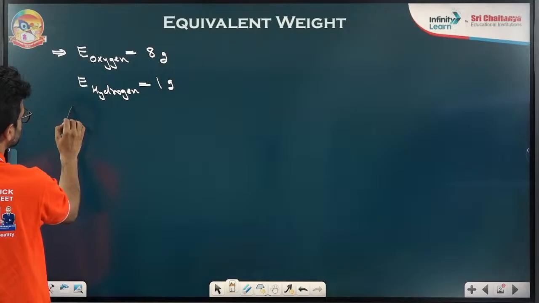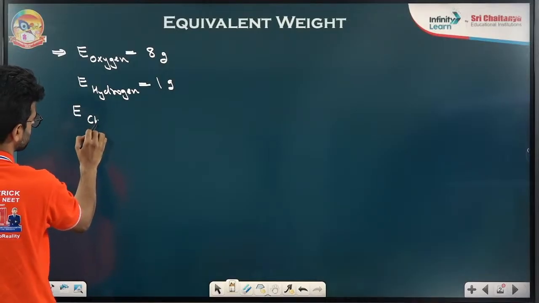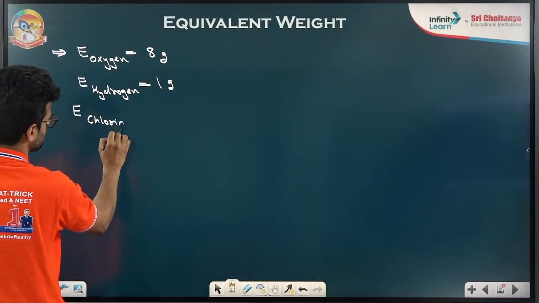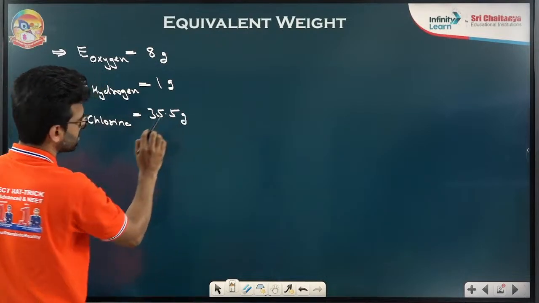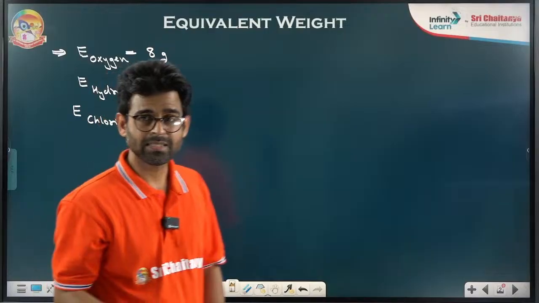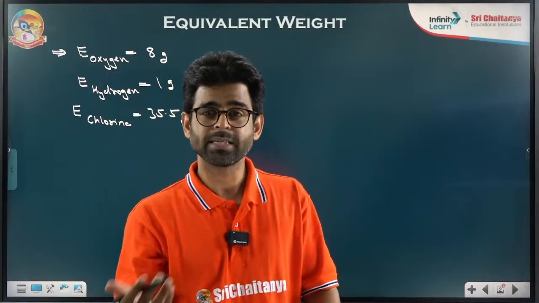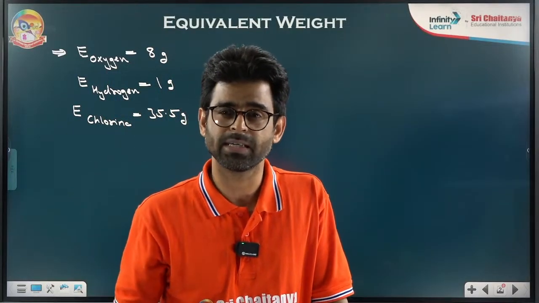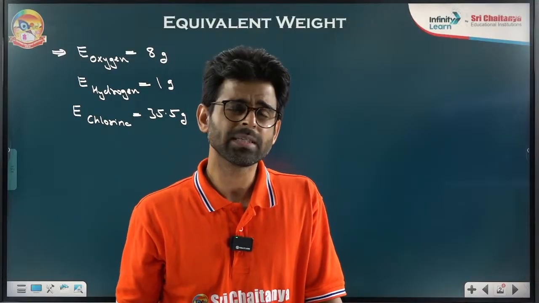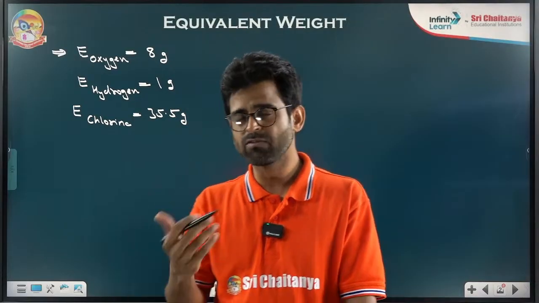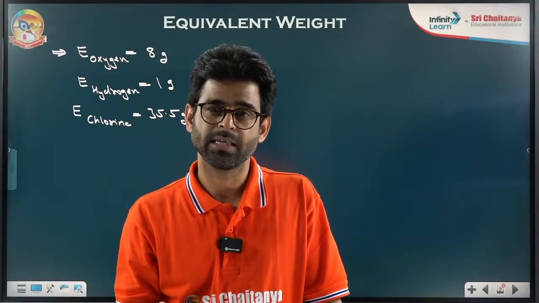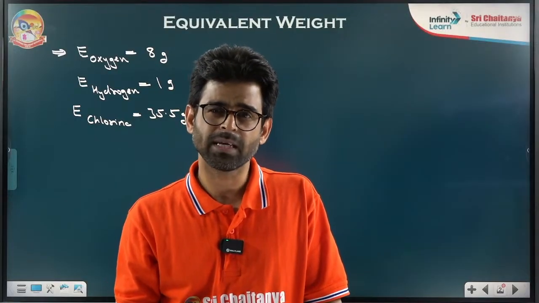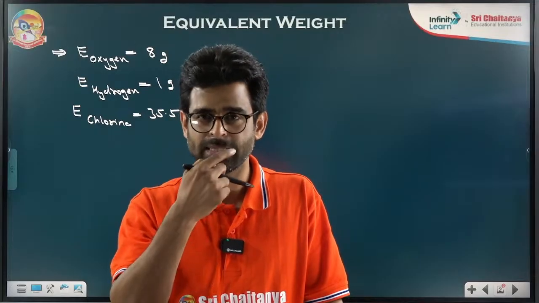And the equivalent weight of chlorine, fine, is how much? 35.5 gram. Actually, equivalent weight of a substance is that weight which contains 1 mole of charge, or you can say it is having 1 Faraday of charge. 1 mole of electrons carries how much charge? 96500 coulombs, which you can call 1 Faraday, right?